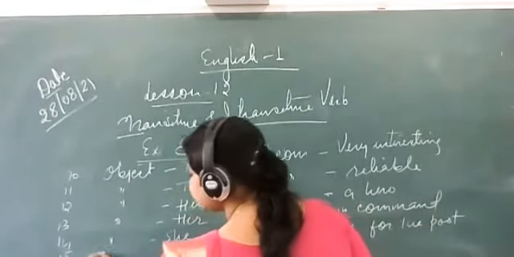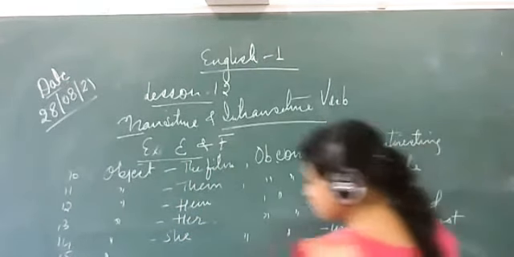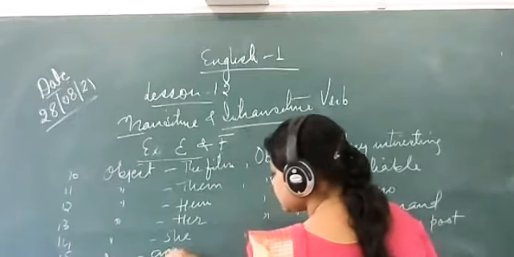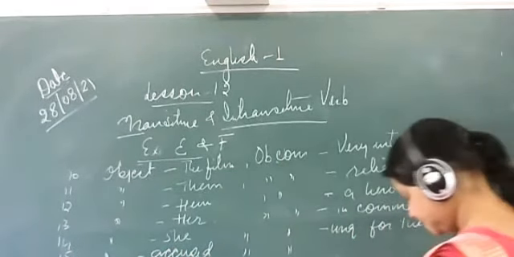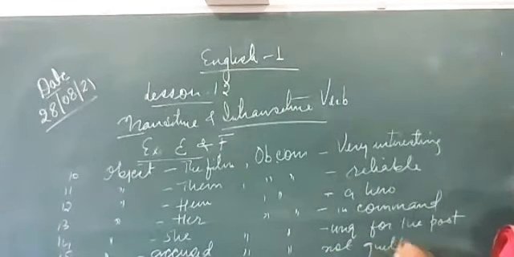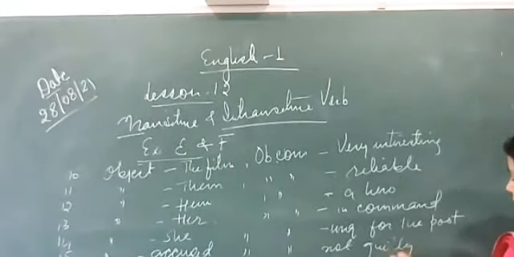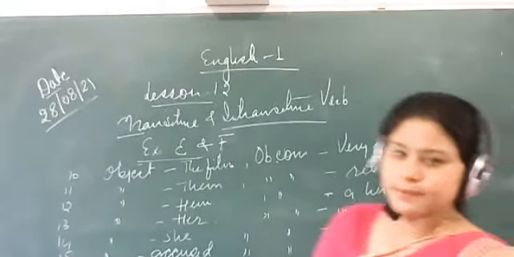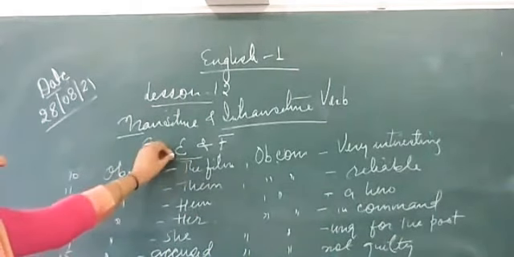Okay. Now the last is 15. Here object is accused. Object is accused. Complement is not guilty. Not guilty. Guilty, that is G U I L T Y. Okay. So here in this way we have completed exercise E.